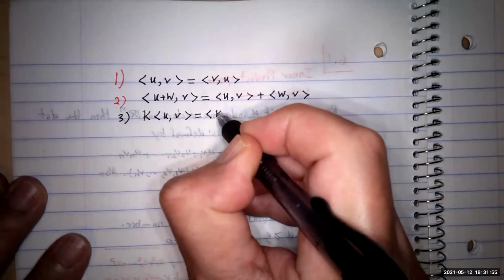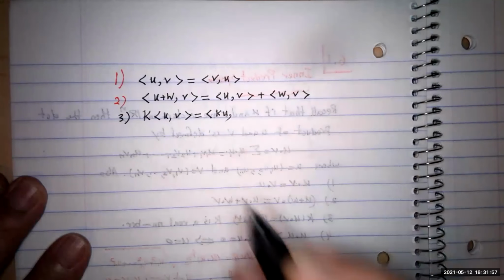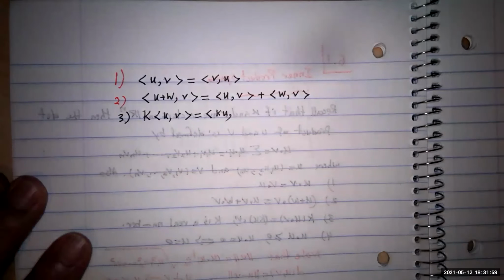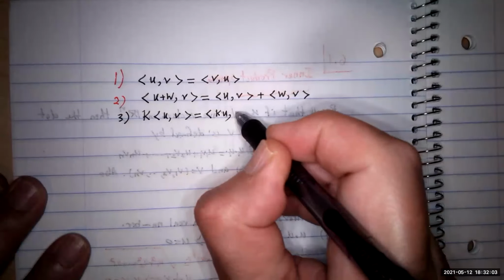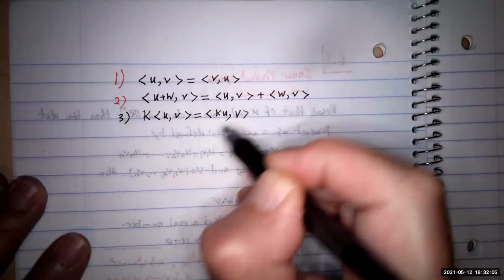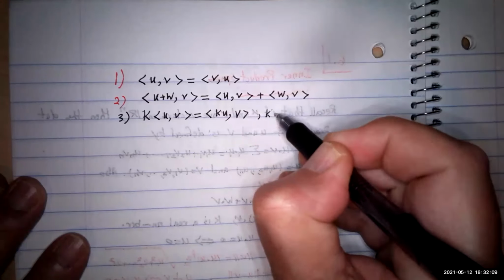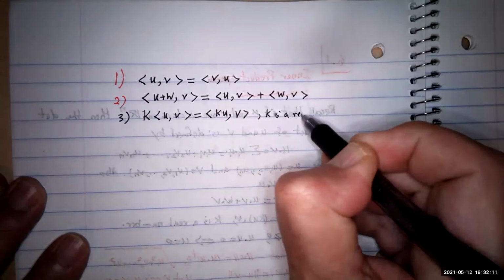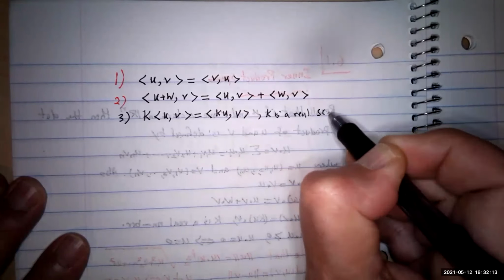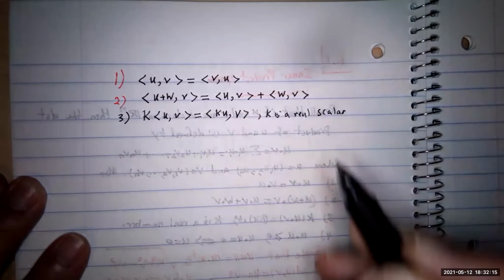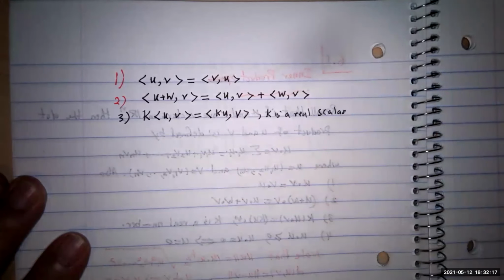It's going to be the inner product of K U and V. This is the condition that we have. K is a real scalar.